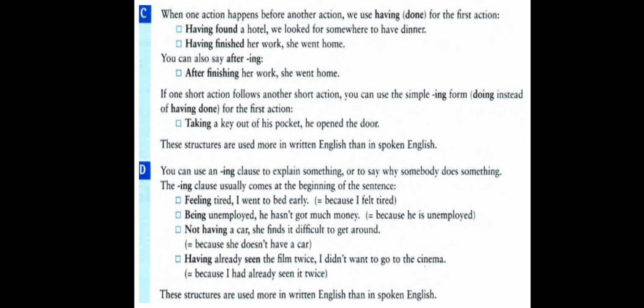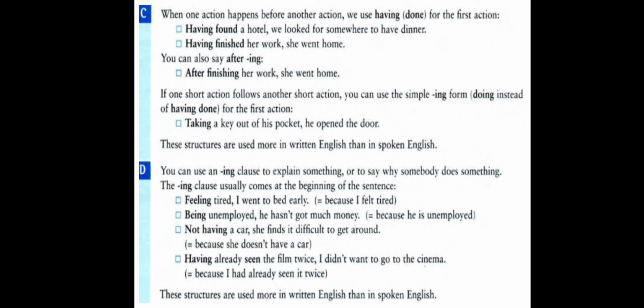So we cut off after, we cut off he, the subject, and we cut off had, the linking verb, and transfer the main verb, which is taken in the past participle, into verb plus ing. It becomes taking. So the sentence becomes like this. Taking a key out of his pocket, he opened the door. These structures are used more in written English than in spoken English.